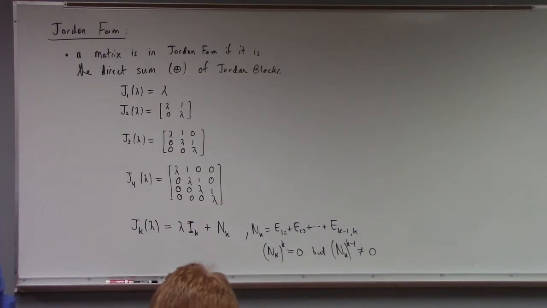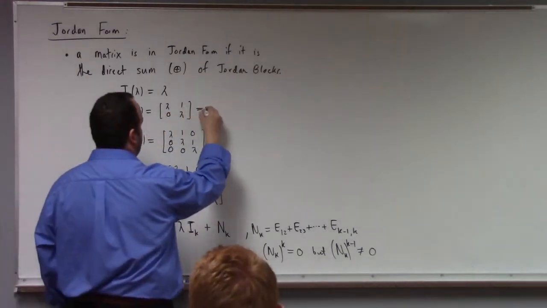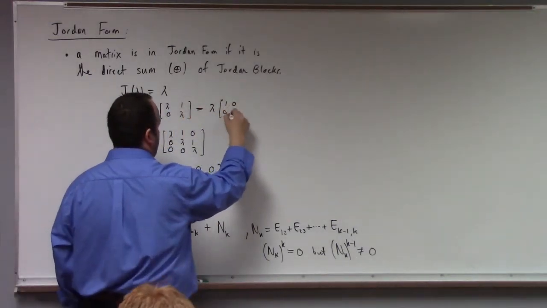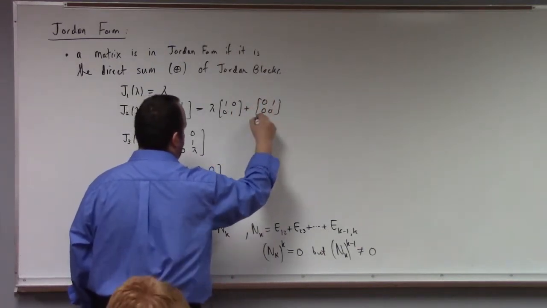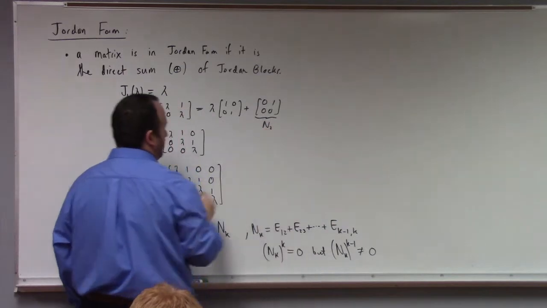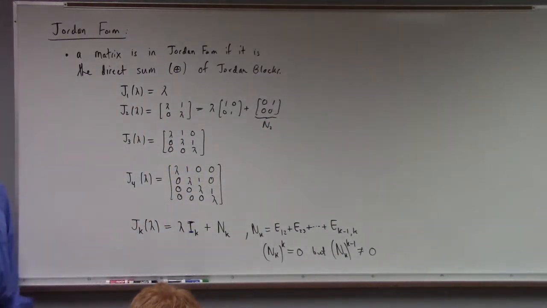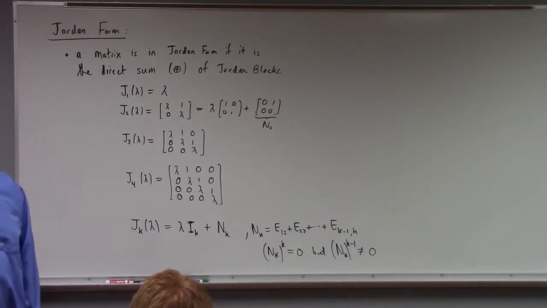You can already see this: lambda times 1, 0, 0, 1, plus 0, 1, 0, 0. So this is N sub 2. N sub 2 to the first power is not equal to 0, it's got a 1 in the upper right corner, yet N sub 2 squared is 0. It's a nilpotent matrix of order 2.